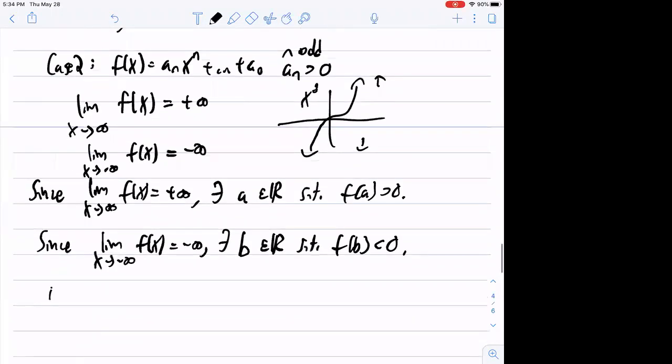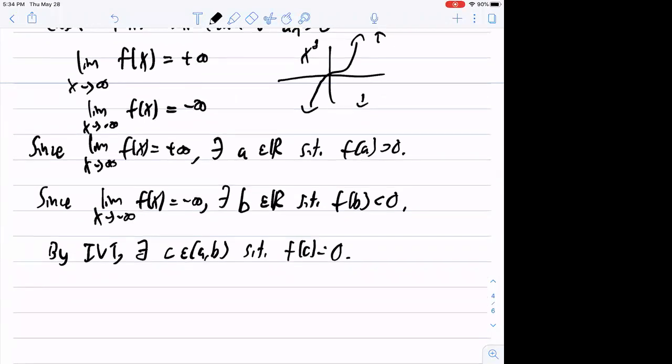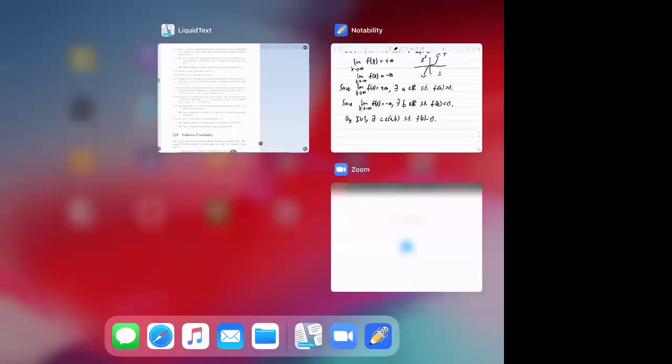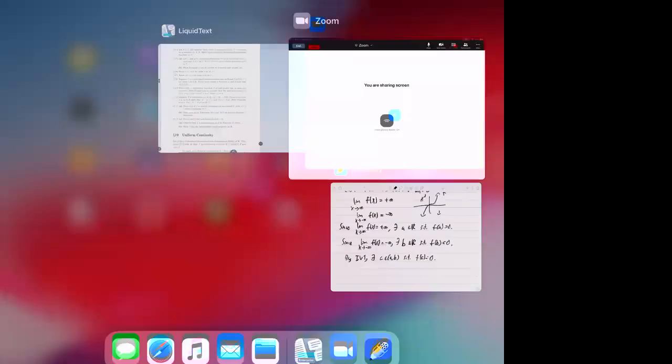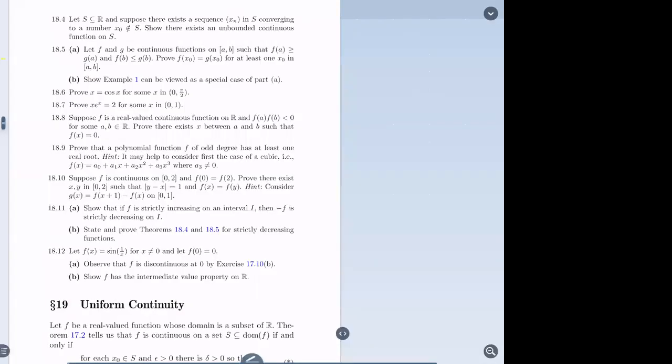And then by IVT, there exists c in (a, b) such that f of c is 0. Everyone clear? Hopefully that's enough IVT practice. I think there's more, but okay. Let's just do one more maybe.